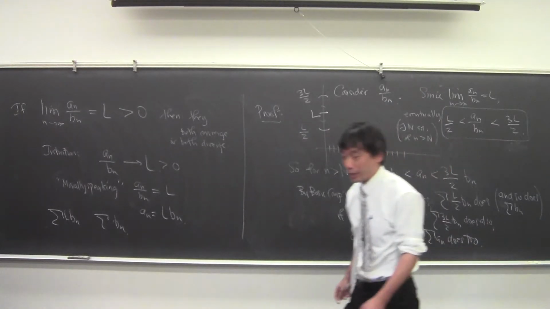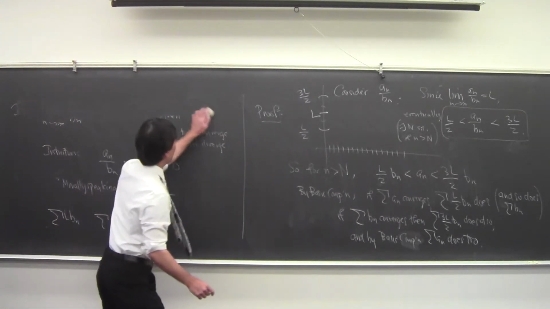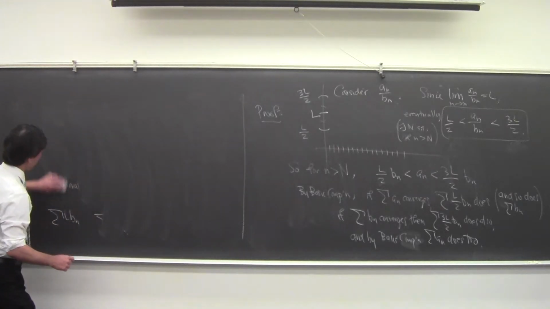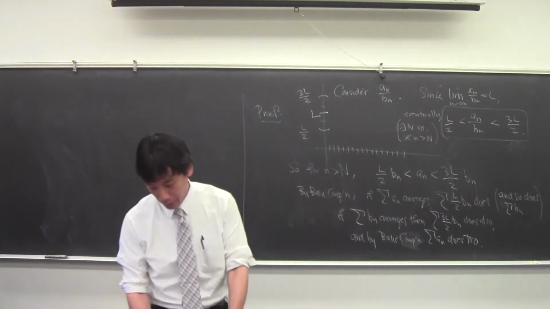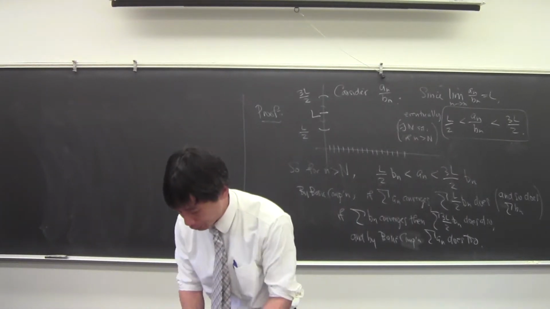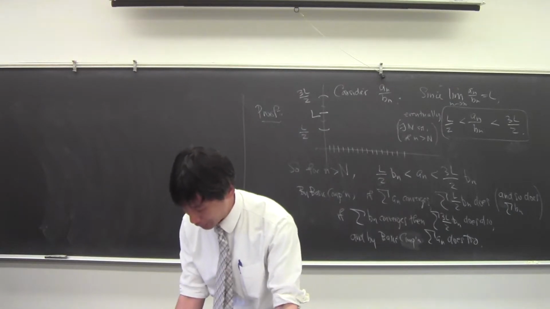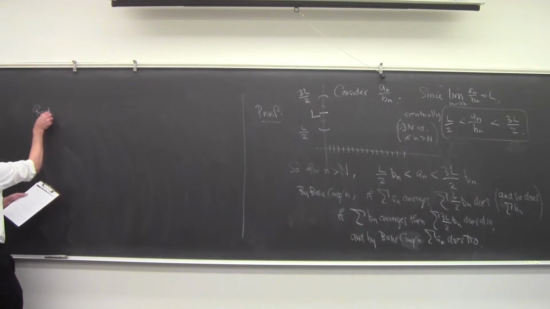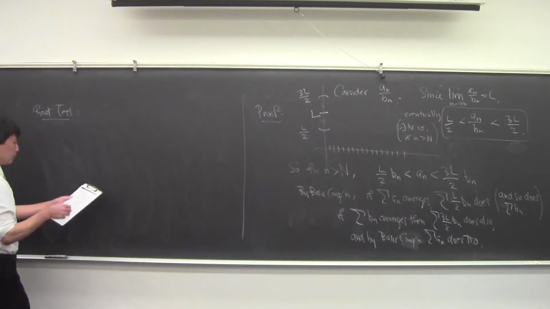Okay, so let's go on to the second child of the basic comparison test, which I'm going to make the so-called root test. There are two other children: one is called the ratio test, and the other the root test. Let's make the root test the next one. Okay, root test.